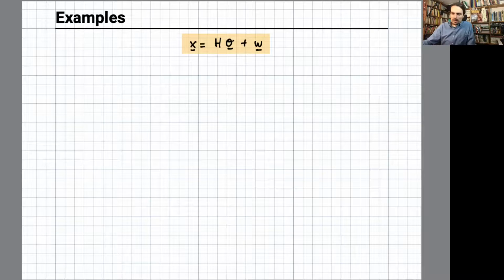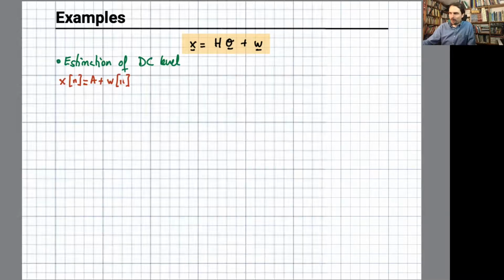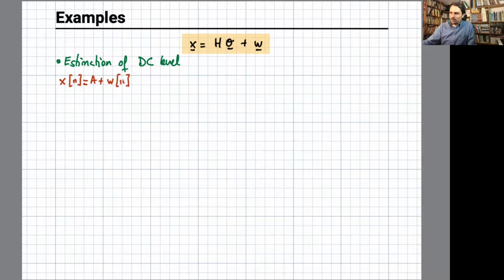To help us appreciate the relevance of the Gaussian linear model, let us consider some examples. The first one is our favorite toy example, estimation of DC level. Remember that under this model, the data is a constant that we want to estimate plus some noise, right?